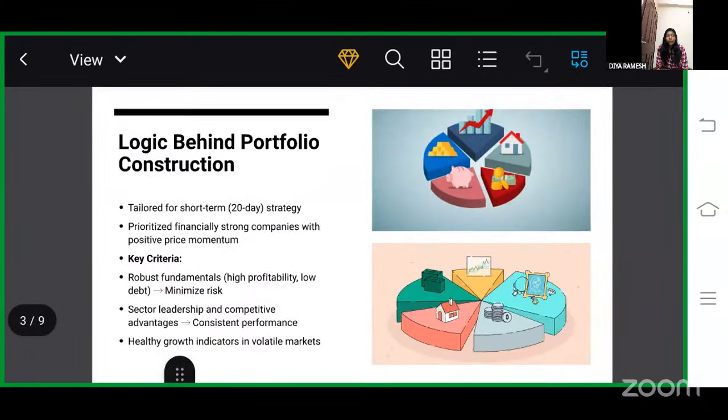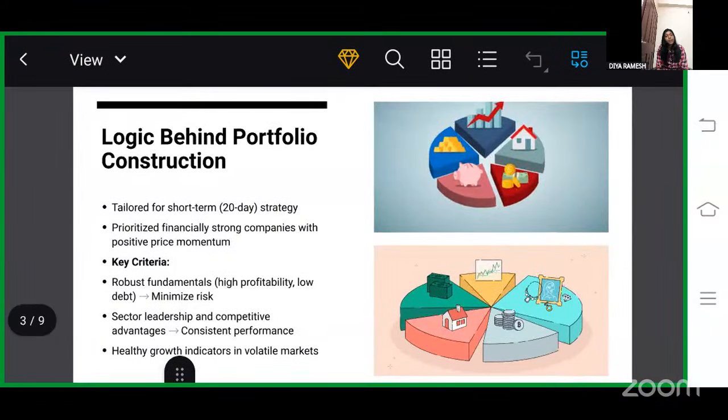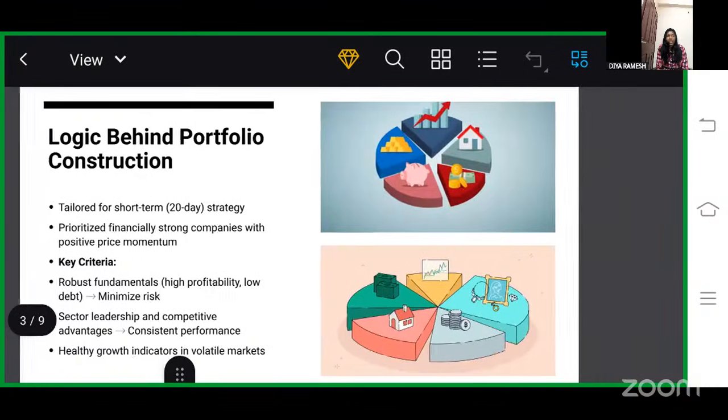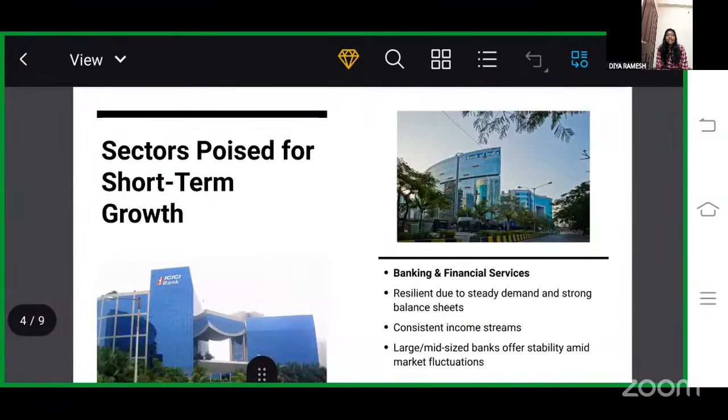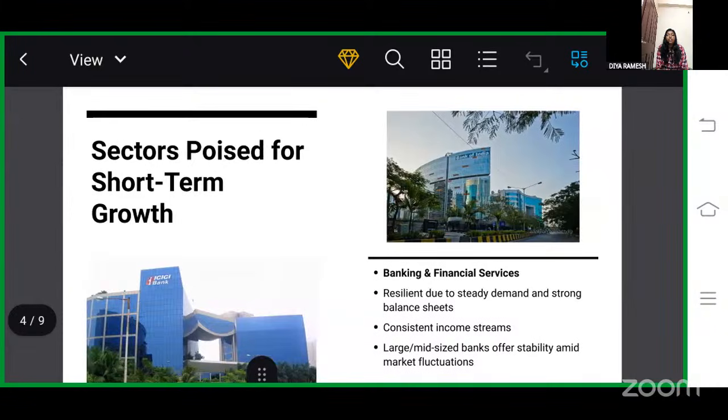While constructing the portfolio, we gave priority to companies with rock-solid fundamentals, such as high profitability and low debt levels, to minimize the risk. We also selected companies that are leaders in their respective sectors and have competitive advantages, making them suitable for volatile short-term market conditions.